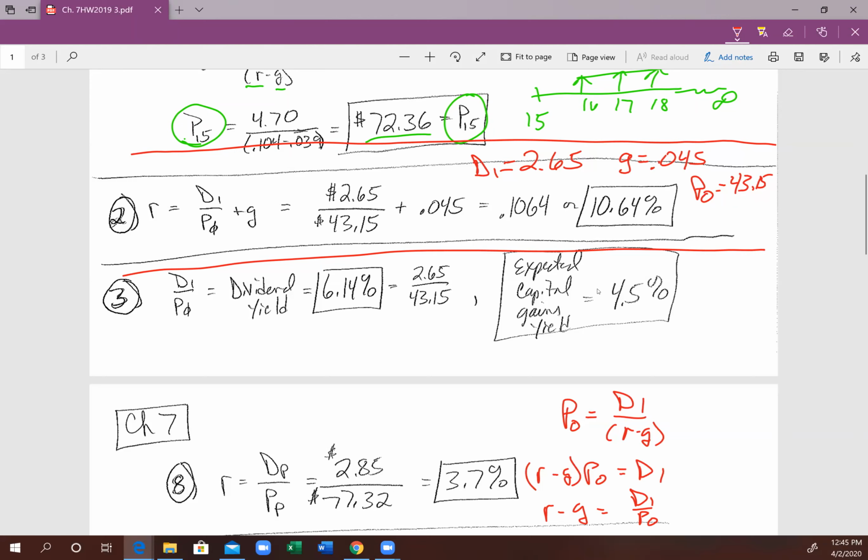And therefore, we can figure out that R is equal to D1 over P0 plus G. Okay. So that's how I got this equation, just from an adaptation of our original constant growing perpetuity.